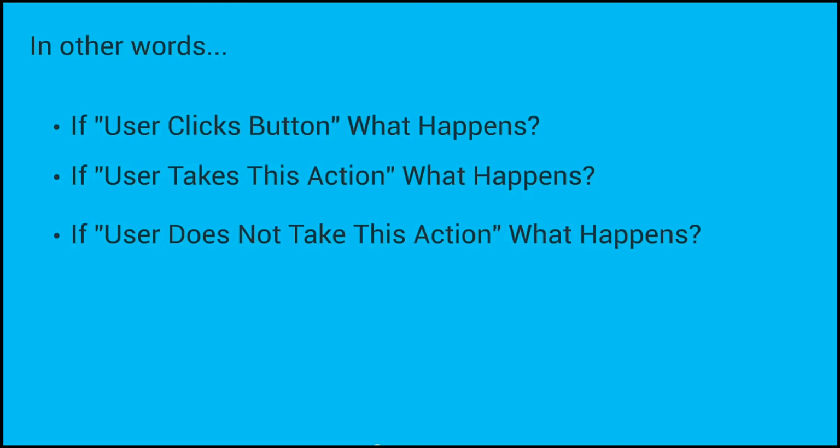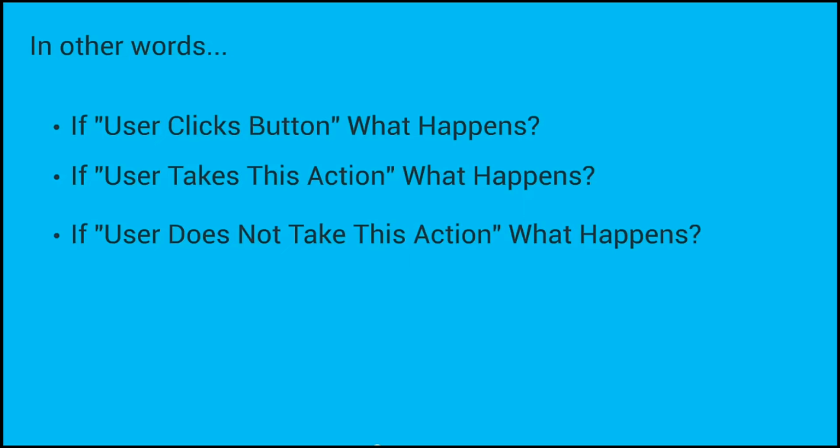If this happens, then this happens. If this does not happen, then what happens? So it's kind of like the if and else statements. It's a logical, if this happens, then that happens.